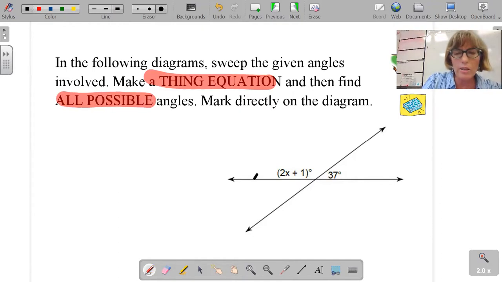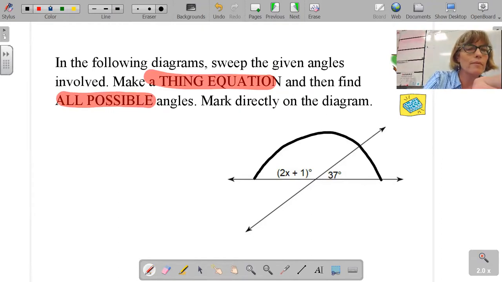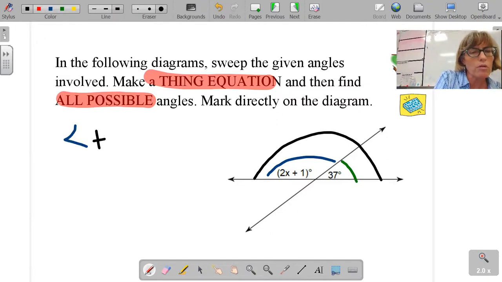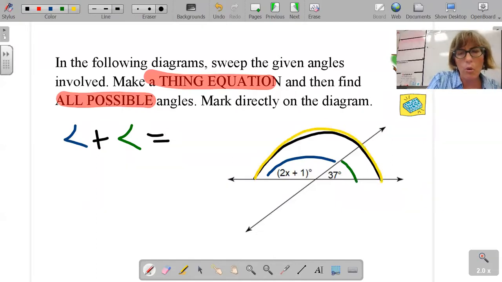So we go like this. Boom. And what we have here is we know that that blue angle and the green angle must equal 180. Why? Because they are a linear pair. Now circle, plug, chug.